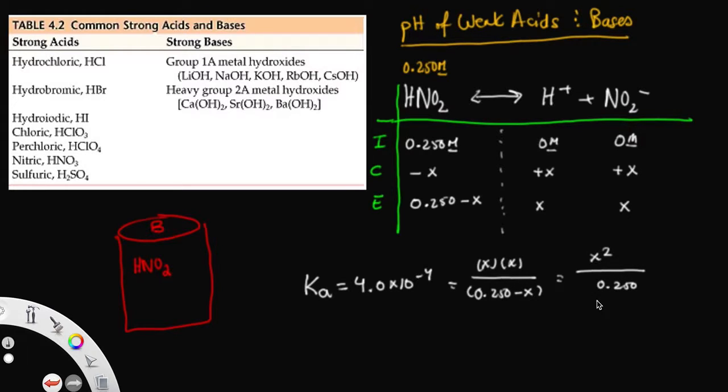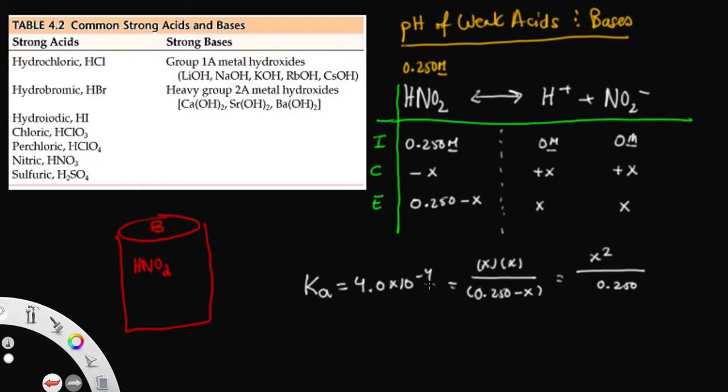And you should already know why I'm doing this, but just to give you a really quick explanation, why I just put this 0.250 is because our constant is so small that we think that the change, this minus x, the amount of HNO2 that's being converted into H plus and NO2 minus is so small that our end result would be very close to 0.250 moles per liter of our HNO2.